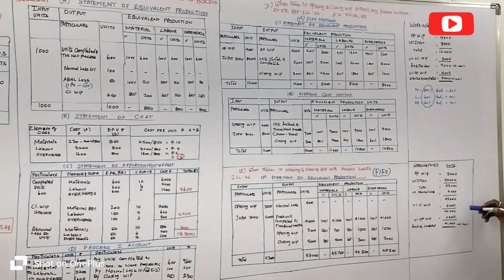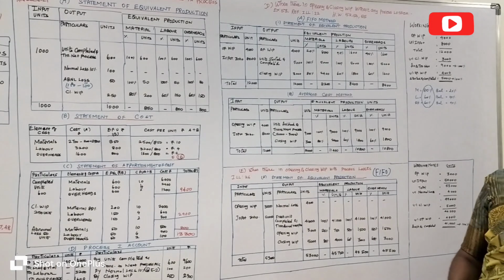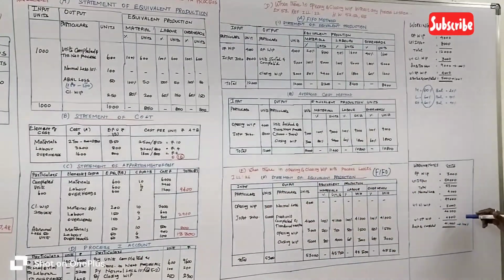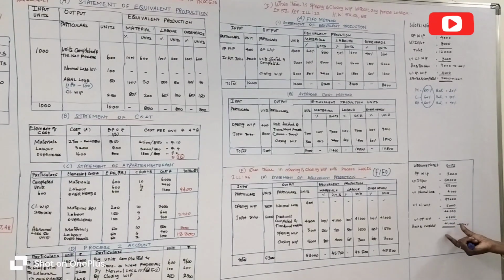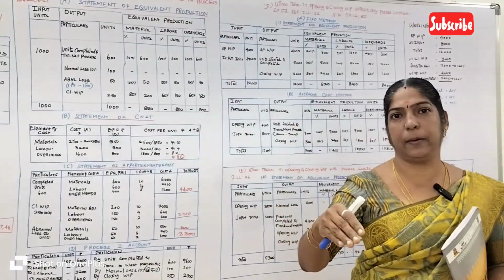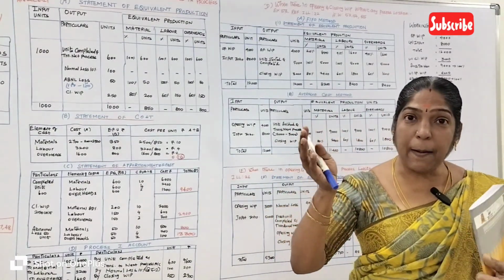44,000 units. Those 44,000 units will be subtracted by the opening work in progress. What is the opening work in progress unit? 3,000 units. After subtracting, you get 41,000 units. That is called the fresh units introduced during the month, and they will be completed during the month.